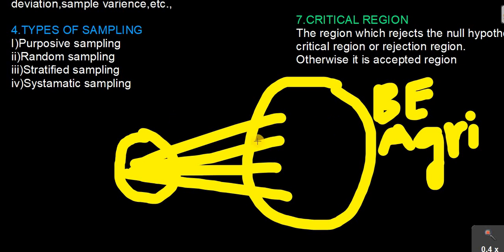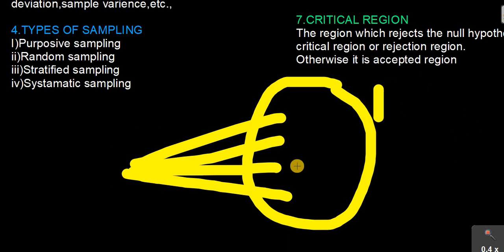What is the purpose? To know the height of the students. So with some purpose I am taking a small group from the big group, and that is called purposive sampling.